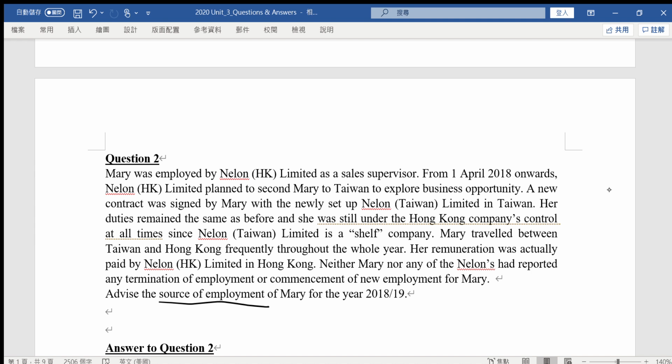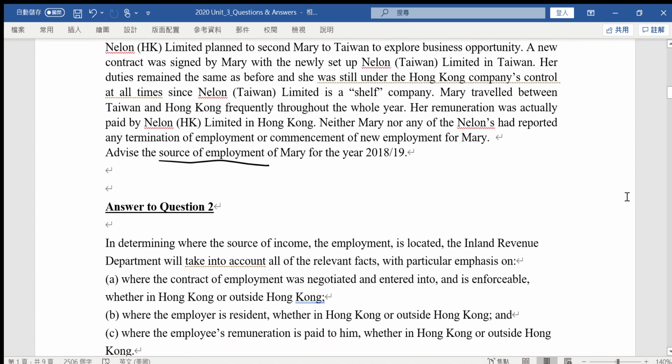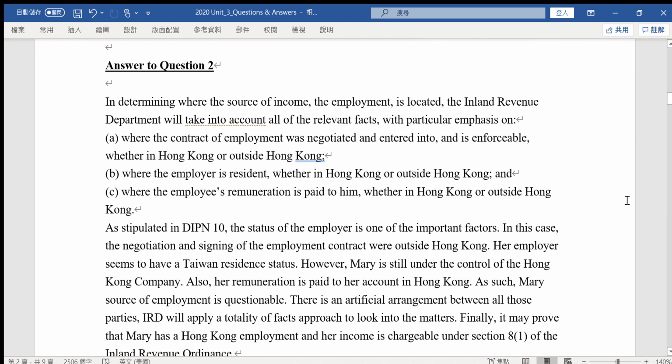By looking at the situation, you need to discuss the location of the employer and its resident status, and also where the contract is negotiated, concluded, enforceable, and signed. And the last one will be where the remuneration is paid. Okay, that's why you need to discuss all that before you make a conclusion.